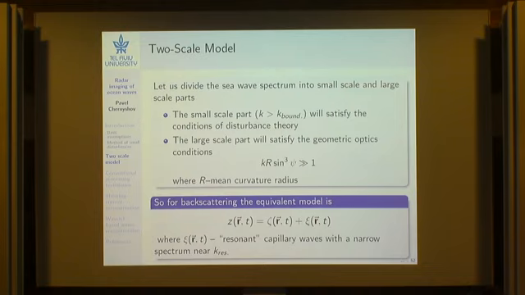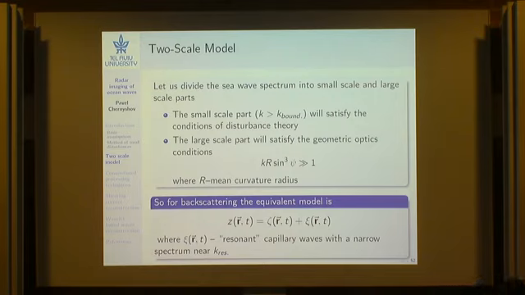As I already mentioned, we don't have only resonating ripples, we have other scales of waves, actually a spectrum, and it is reasonable to make the following decomposition.